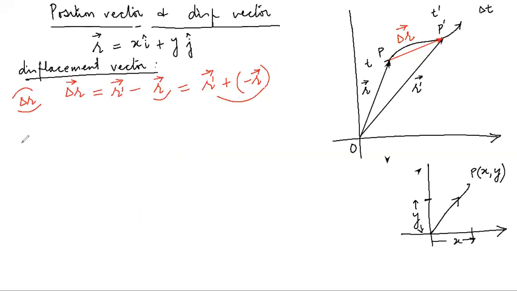Now, what is the r dash vector? The r dash vector is an independent vector. It has this much component, that is r dash x, and this much component, that is r dash y. Just a component, it's not a vector.